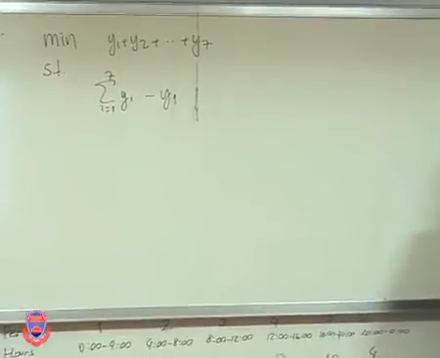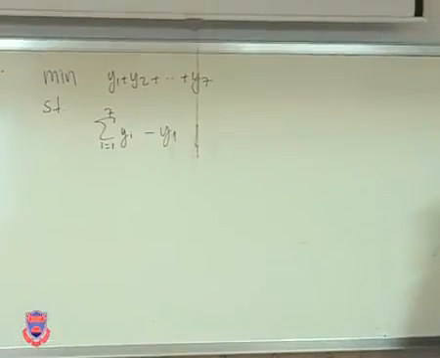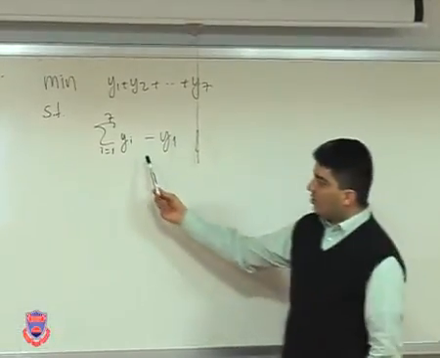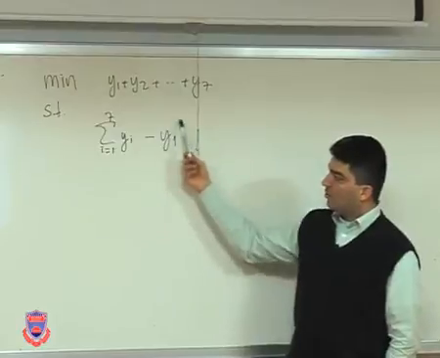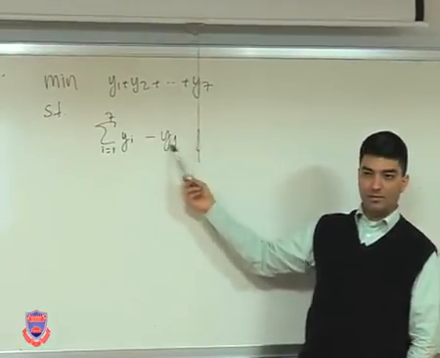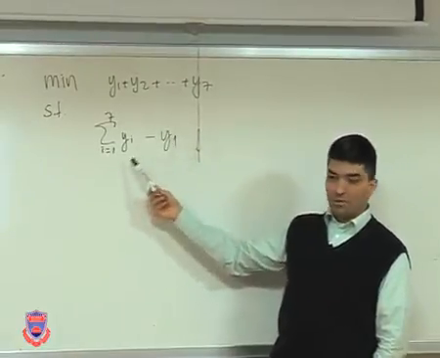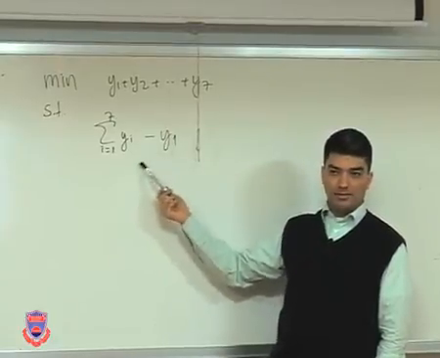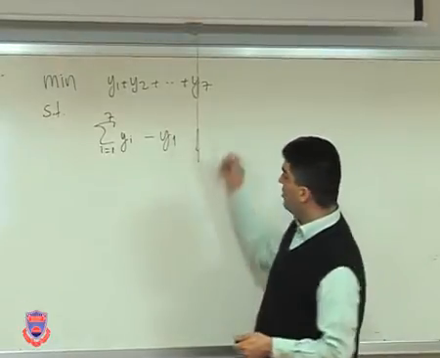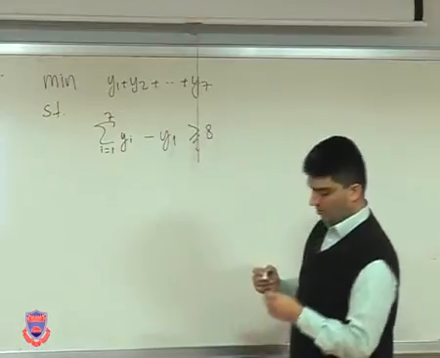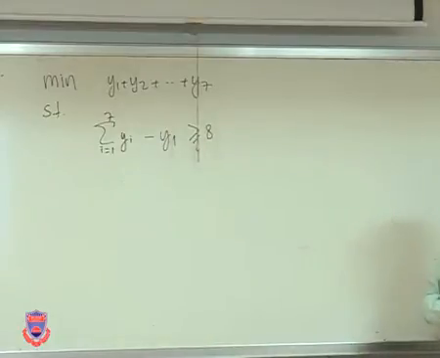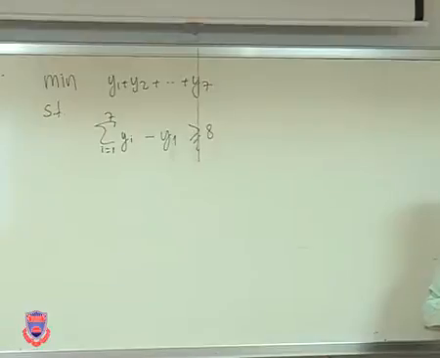What does this give me? This is the total number of workers, and these are the number of workers who are not working on Monday. So the difference is the number of workers who are working on Monday. And I need to make sure that this is at least 8.